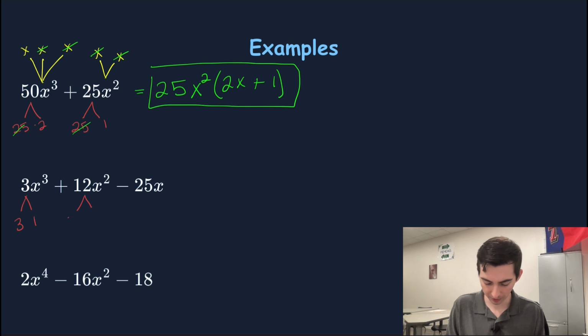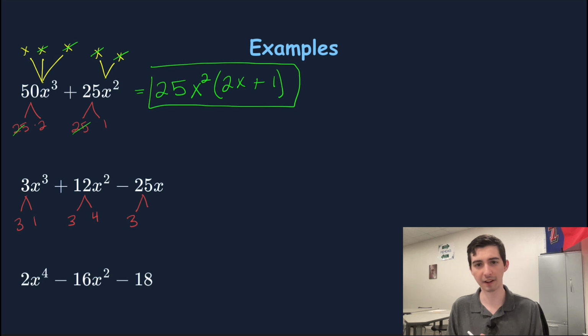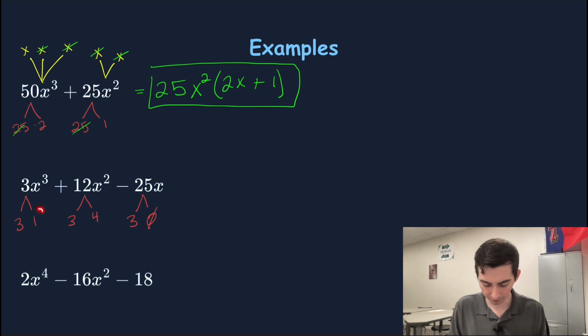So 12 can be separated into 3 times 4. And 25, we can't divide 25 by 3, and we can't divide 3 by anything else. So 3 times nothing is not going to get us to 25, okay? So there's nothing from our numbers that I can cancel out in every single term.